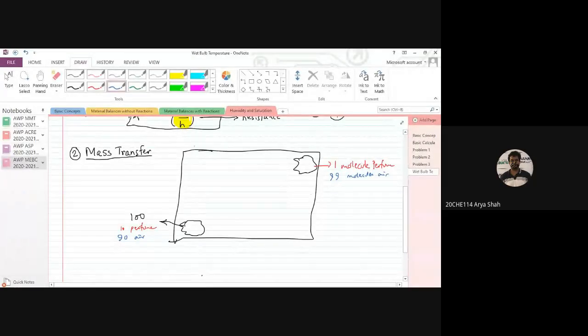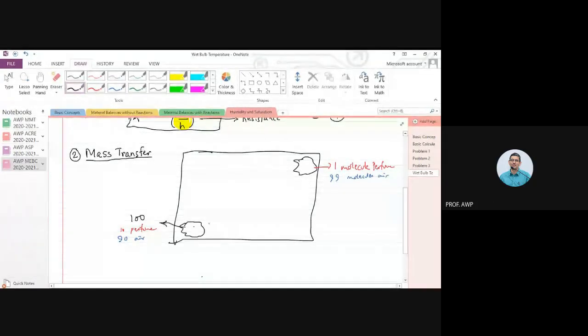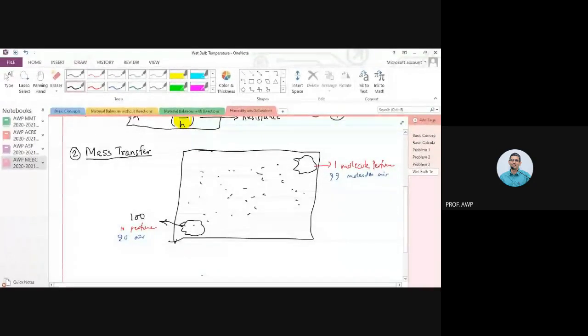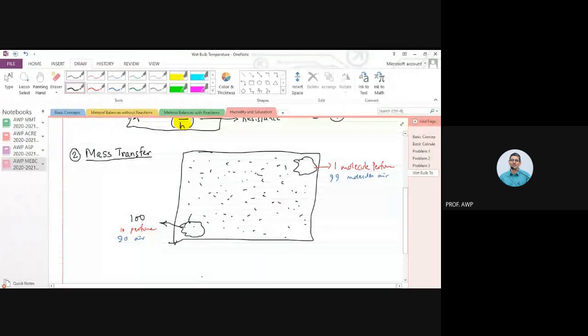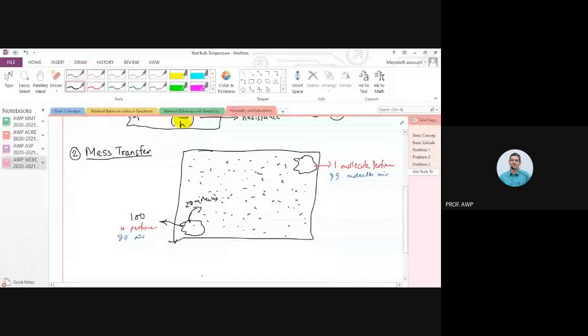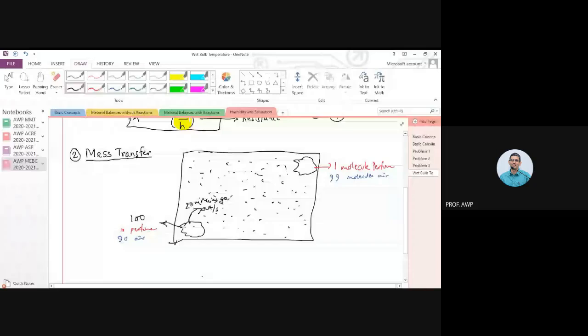Yes, sir. Now, the molecules that are in this room are in random thermal motion because the temperature is more than absolute zero, 30 degrees centigrade, 300 Kelvin. Suppose out of these 100 molecules, in 1 second, 20 molecules are going out per second.